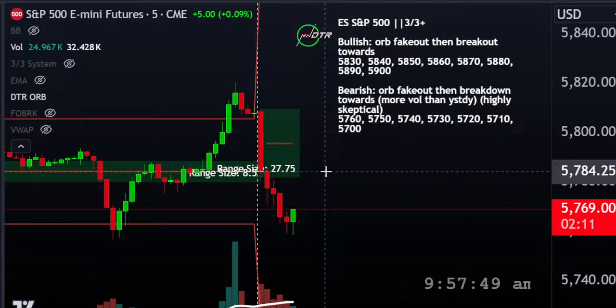So let's see how markets react now to data dropping in 3 minutes. Took a shot, lost small. Let's see if we can go.